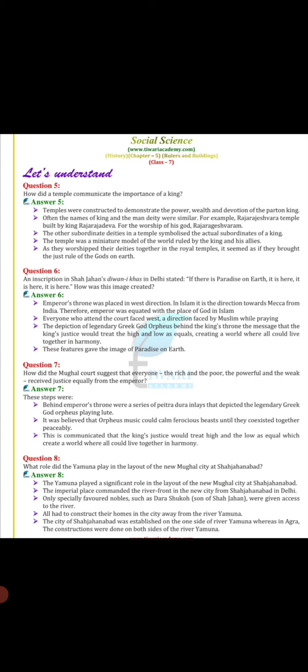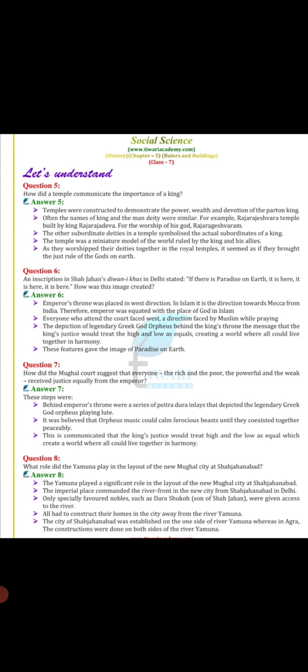Question 7. How did the Mughal courts suggest that everyone, the rich and the poor, the powerful and the weak, received justice equally from the emperor? Answer: behind emperors' thrones were a series of pietra dura inlays that depicted the legendary Greek god Orpheus playing lute.